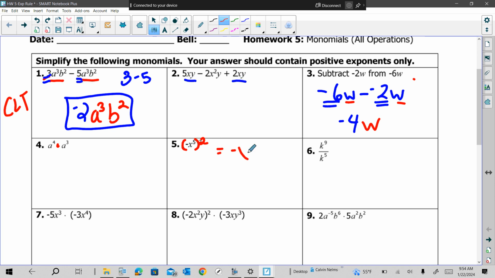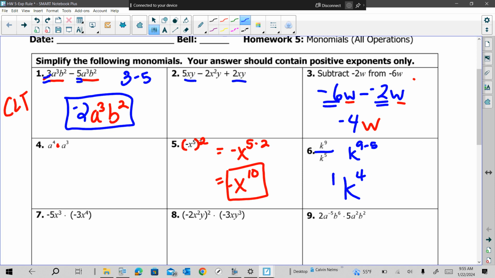So this would be negative 8x, 5 times 2, which is just negative 8x to the 10th power. Division or a fraction is showing the quotient rule. This is when you subtract the exponents. I know some of you can do that mentally, but you need to write the variable with the exponent in simplest form.